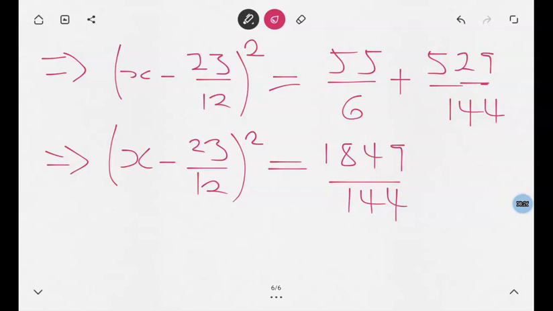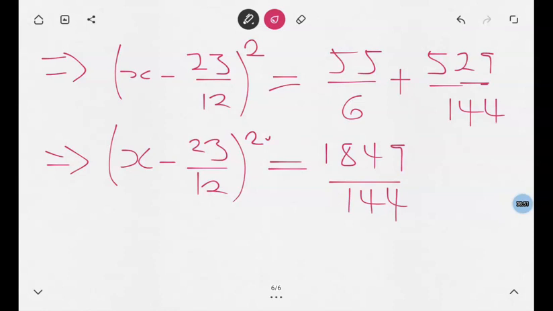After adding half of the coefficient of x to each term and simplifying the right hand side, this is what is left. The next thing is we further simplify by removing the square.